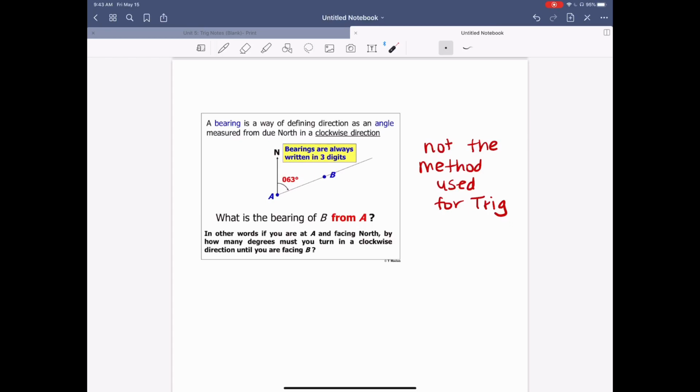That would make more sense because of our understanding of bearing, a way of defining direction as an angle measured from due north in a clockwise direction. But this is not the way that we interpret it when we are dealing with trig. It's a different way.